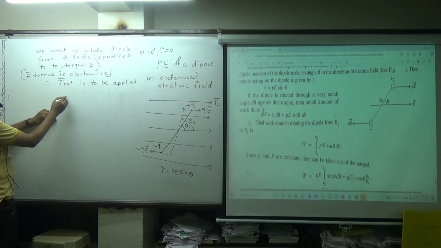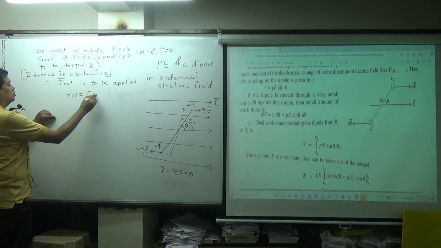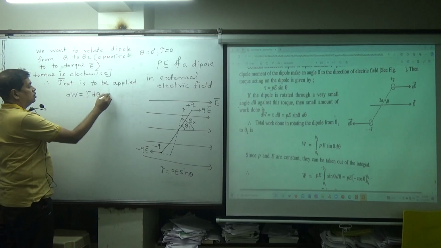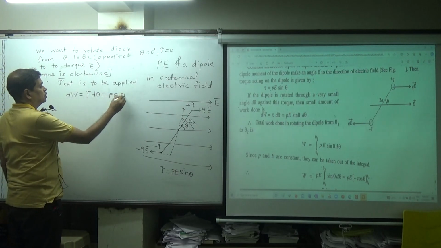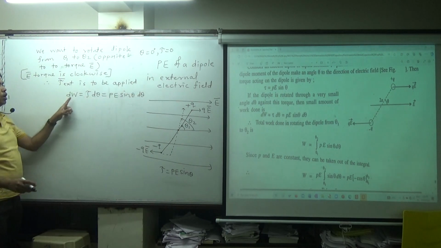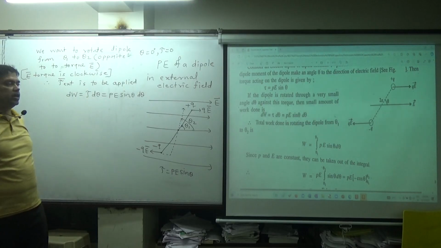Then work done is dW equal to tau d theta. And what is the torque? PE sin theta d theta. So this is the small amount of work done for infinitesimal angular displacement d theta.